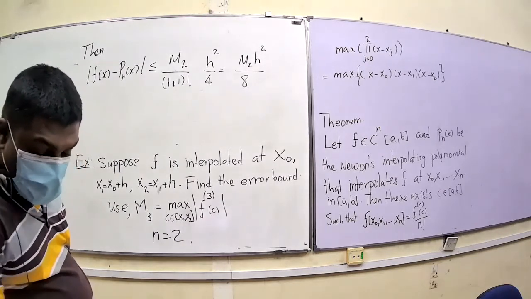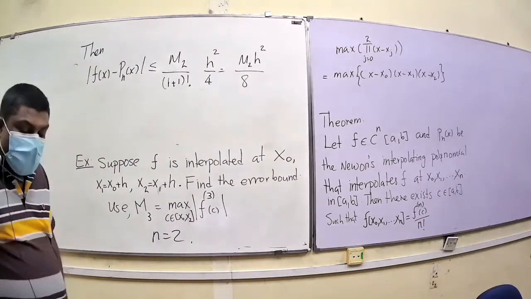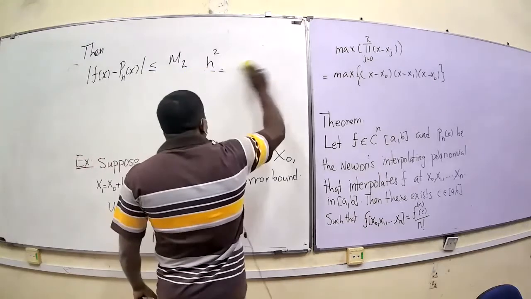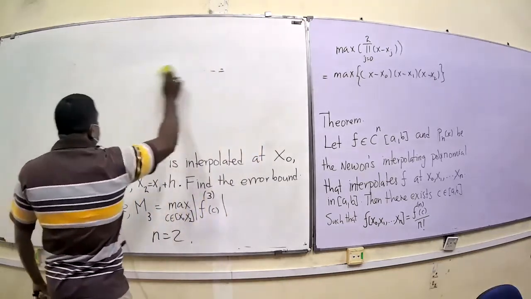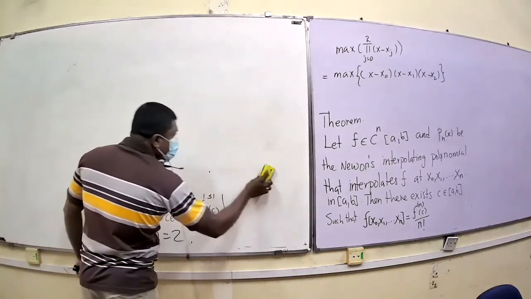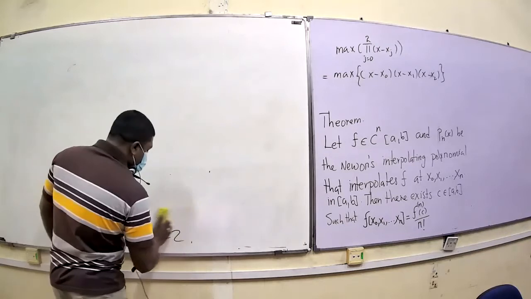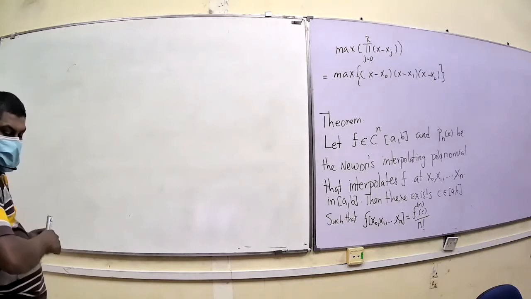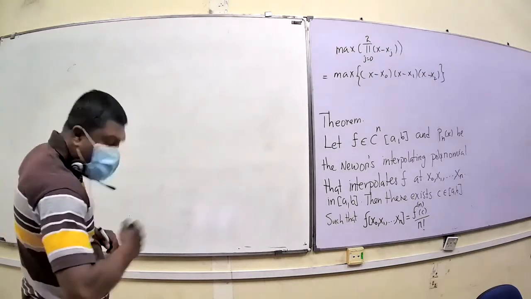So we will use that idea to figure out this relationship between the derivative of the function and the Newton's divided difference formula. First of all, let us recall the Newton's divided difference formula.